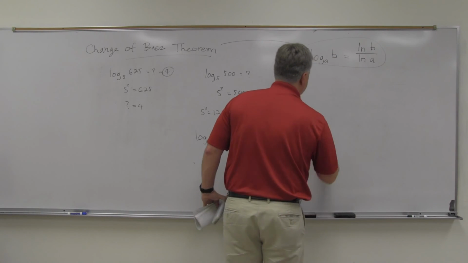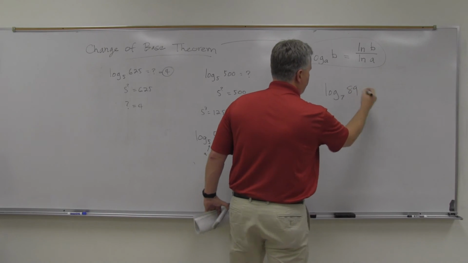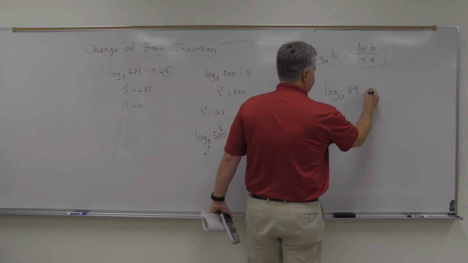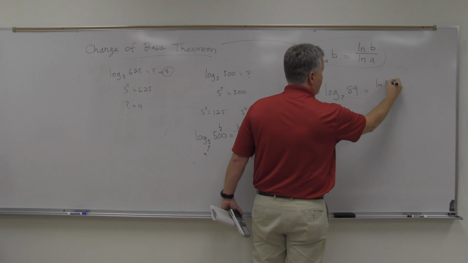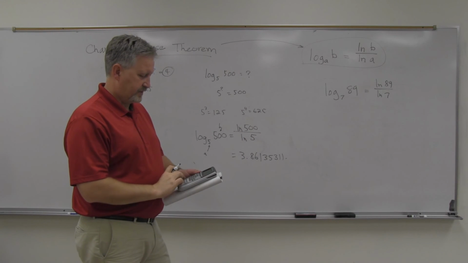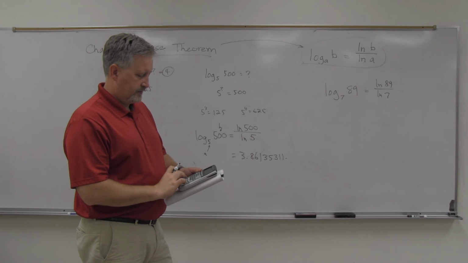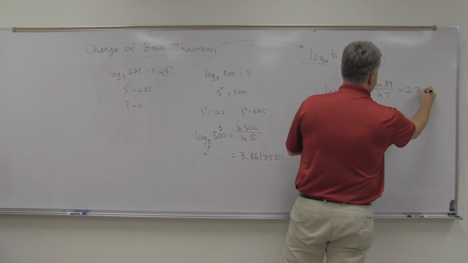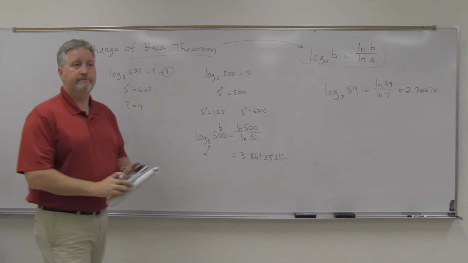If I've got log base 7 of 89, obviously one wouldn't be able to get that otherwise. So you just do the change of base: the ln of 89 divided by the ln of 7. That gives me a way to figure those out. It's .30670, and you can have as many other places as we want.